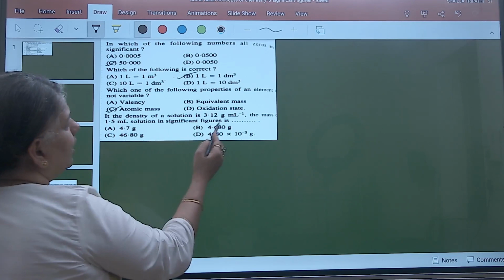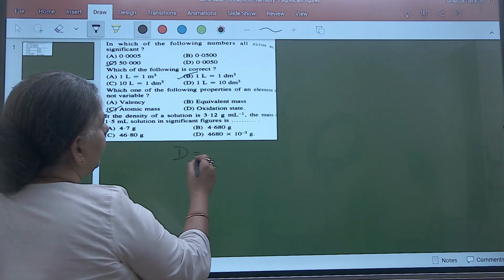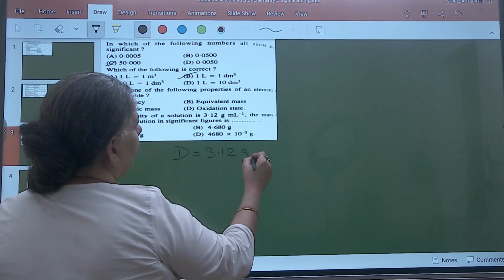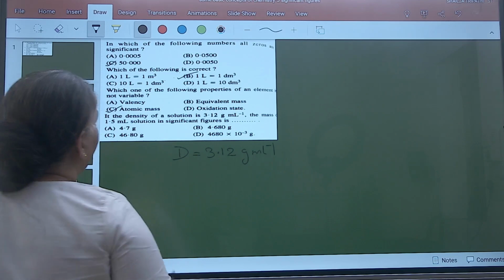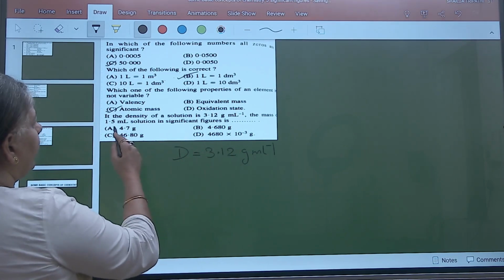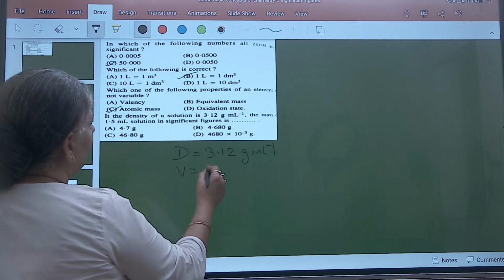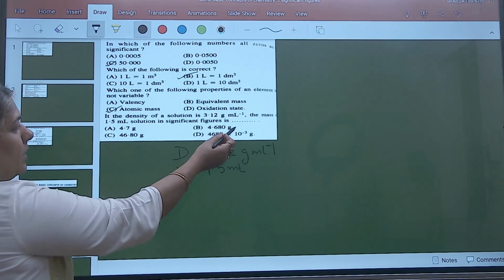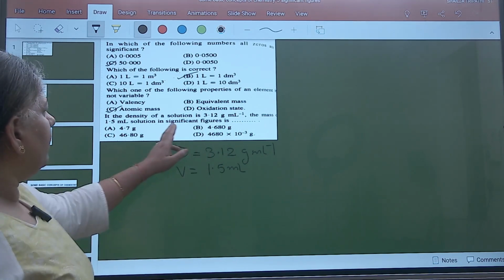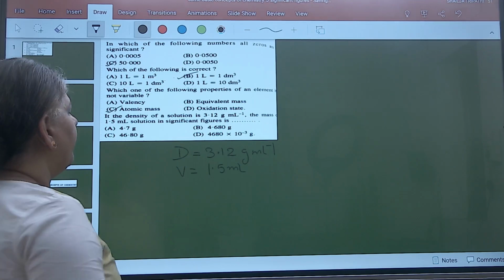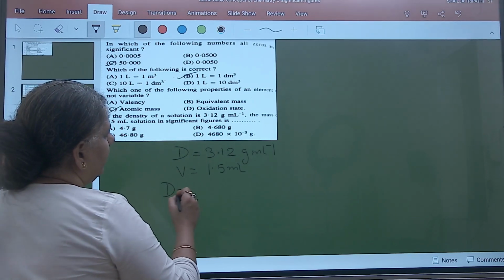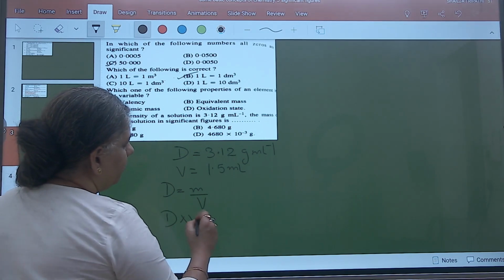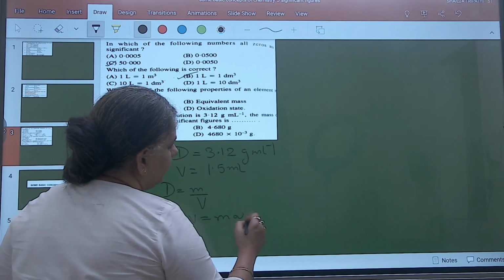If density is, see, density is given as 3.12 gram per ml. And mass of the solution we have to find, and volume is given as 1.5 ml. So mass of the solution in significant figures we have to find. So we know density is equal to mass by volume, or density into volume will be equal to mass.